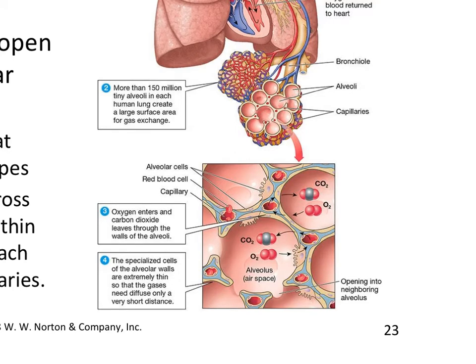Oxygen enters and carbon dioxide leaves through the alveoli. The specialized cells in the alveolar walls are extremely thin, so the gases need to diffuse only a very short distance. So this is all diffusion in terms of high concentration versus low concentration. And there's opening into the neighboring alveolus, and these are all small capillaries, like right here, where the gases are exchanged.